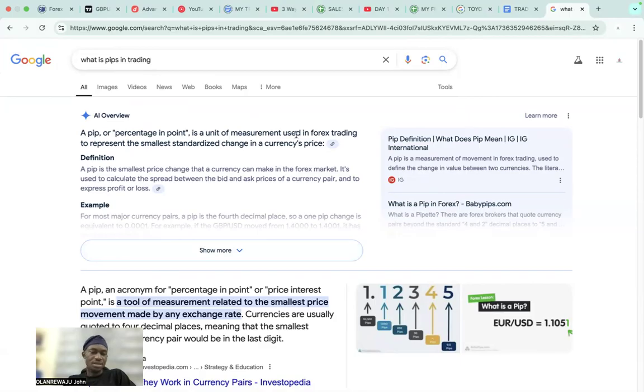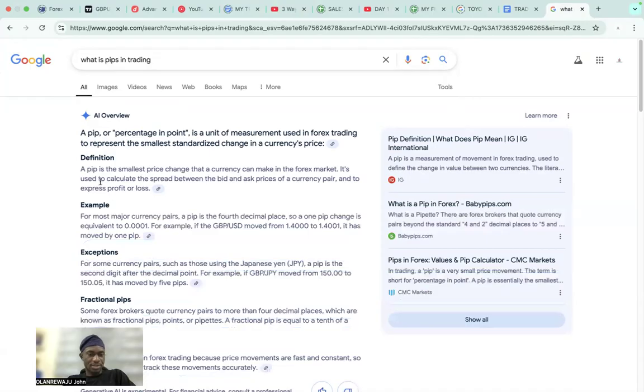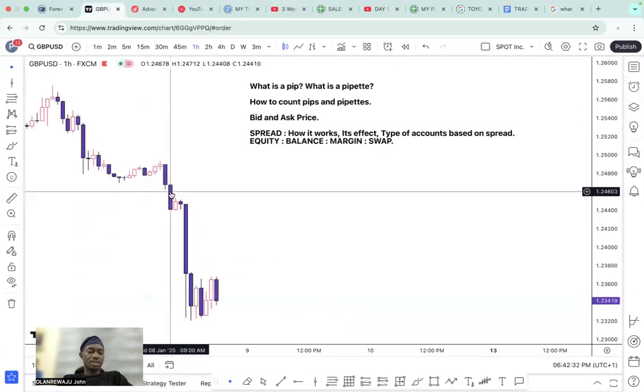A pip is the smallest price change that a currency can make in the forex market. You get it, the smallest price change that a currency can make. Meaning that since prices are always fluctuating from one pricing level to another, that fluctuation is calculated in pips.